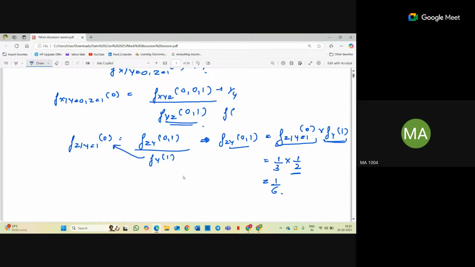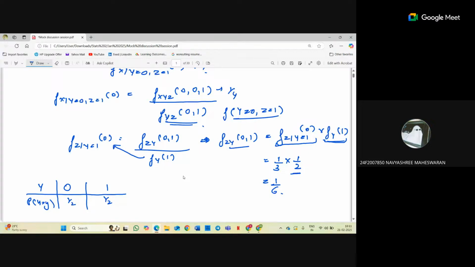Okay then. Now we have to find out f of y equals 0, z equals 1, right? We have to find this value. Now, the values of y are 0 and 1, and the PMF for 0 is 1/2, and for 1 it is 1/2. Similarly for z, we have two values, 0 and 1.